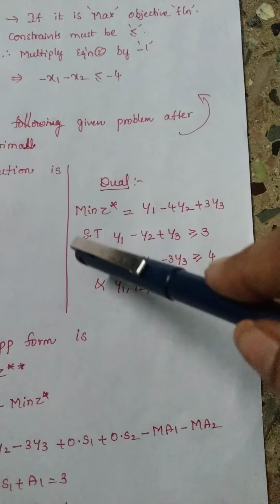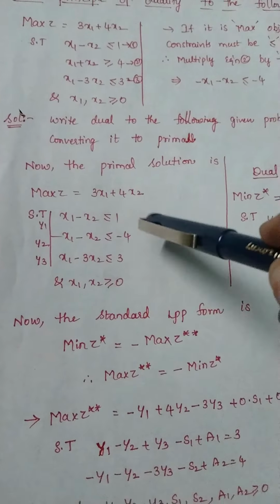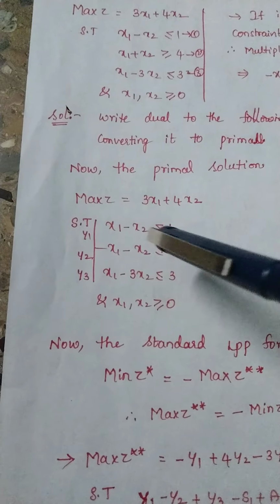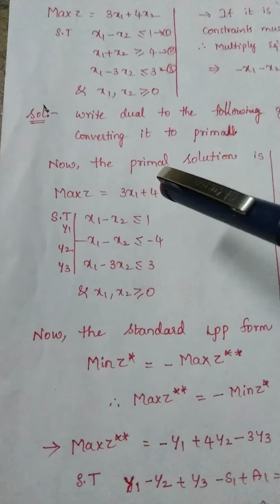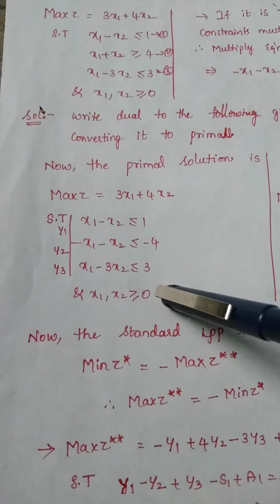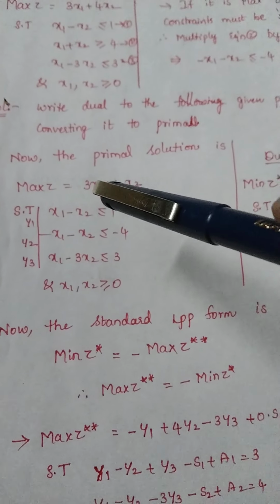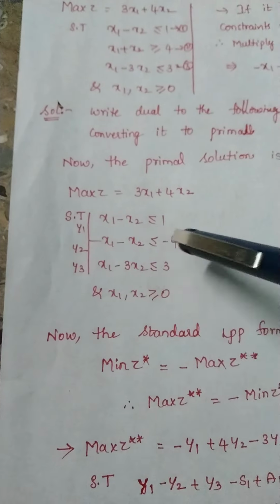Okay, I have written that primal to dual. So here I am writing y1, y2, y3. See how I am going to write. Now I am writing the objective function values: the right hand side b values will be the coefficients for your objective function. So y1 minus 4y2 plus 3y3, that is your objective function.